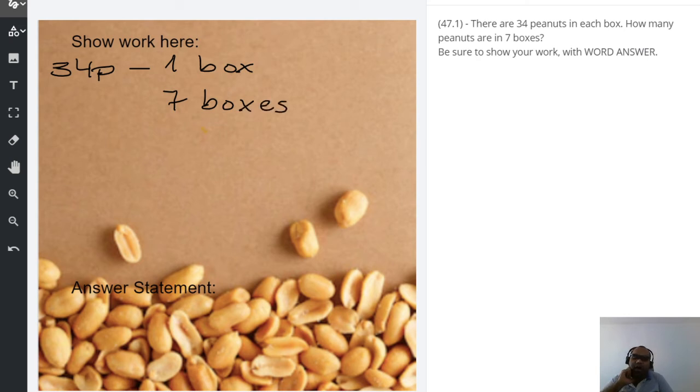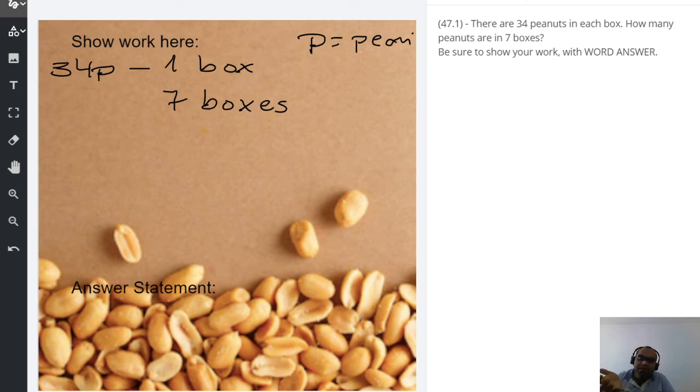How do I know how much? What is the math operation over here? My variable, I will write P because it's peanuts. Okay, guys, I think I understand. P for peanuts. And here, how do I write this one? 1 box, 34. It's like 1 times P equals 34. 7 boxes?